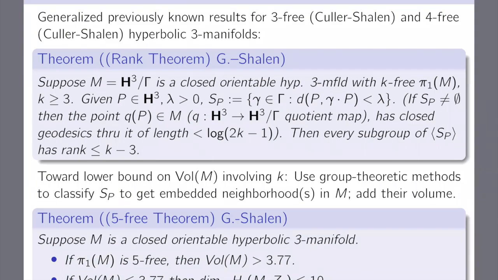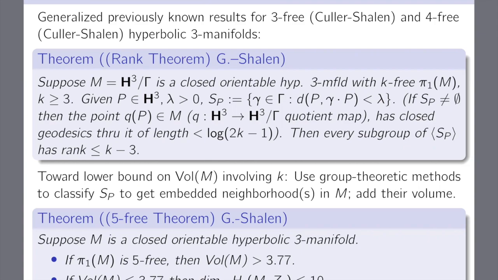The 5-free theorem really subsumes the rank theorem, but the rank theorem is left there because you can see it is kind of a generalization of some of the earlier ones, except the conclusion we get is a little bit harder to deal with and extract geometric information from.